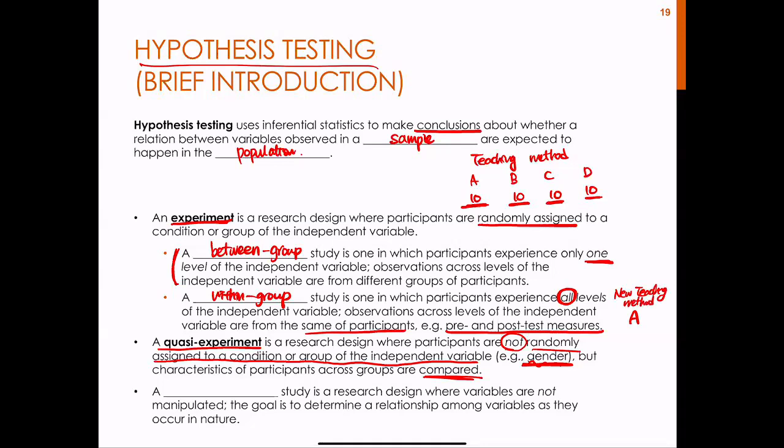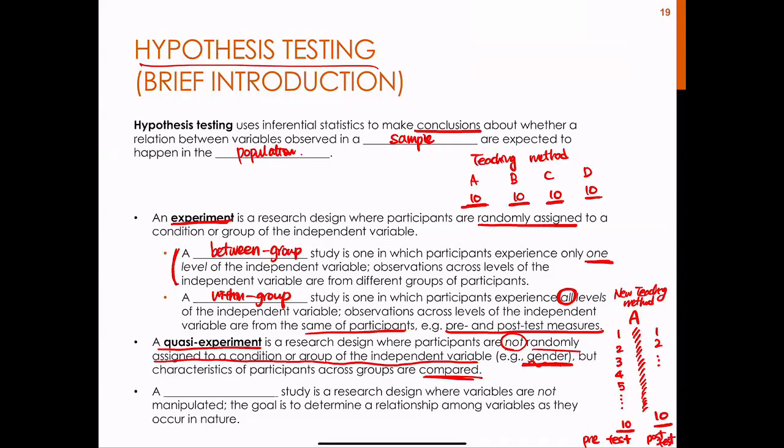First, 10 students were assigned. Before the new teaching method, they take a test. Then they take the new teaching method class. After this course, those same 10 students took the same test, the post test.